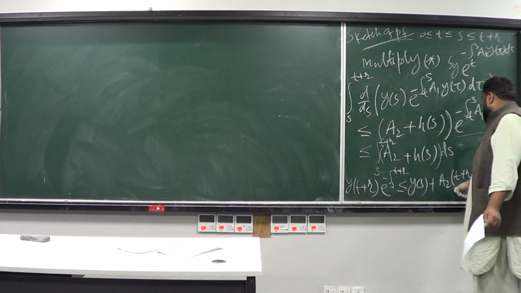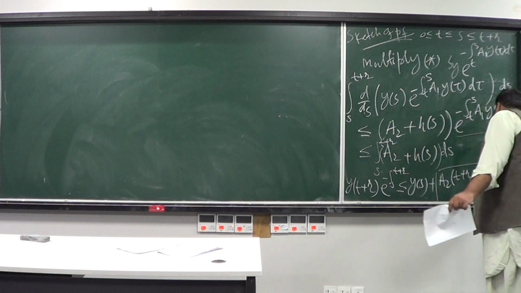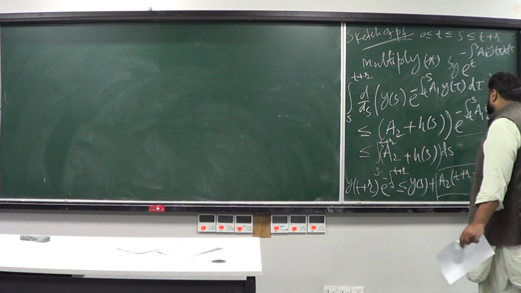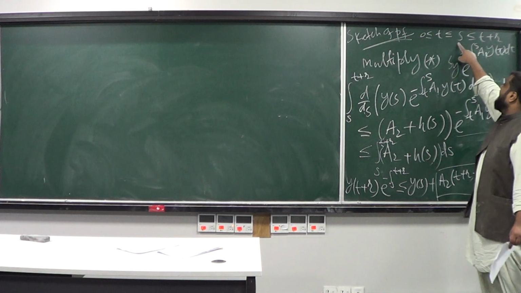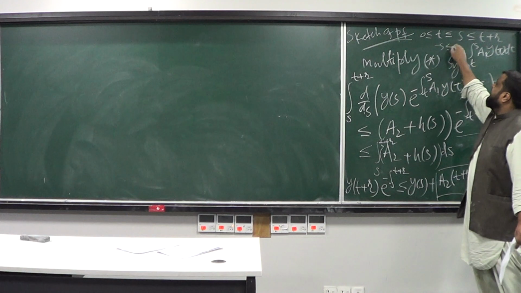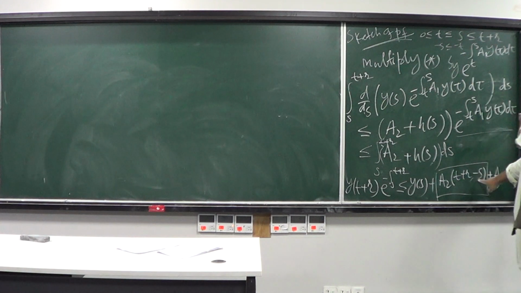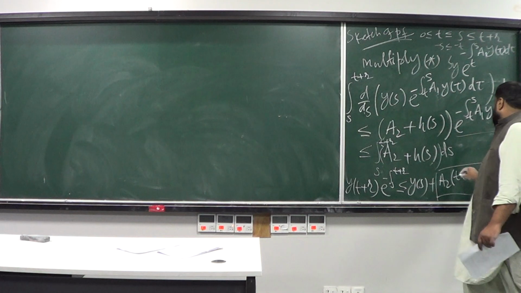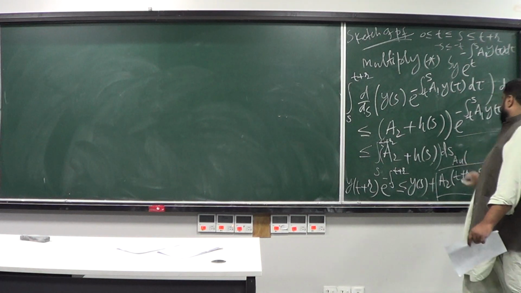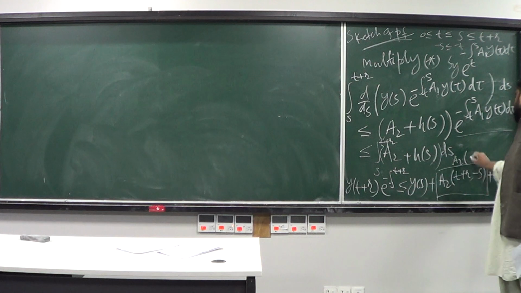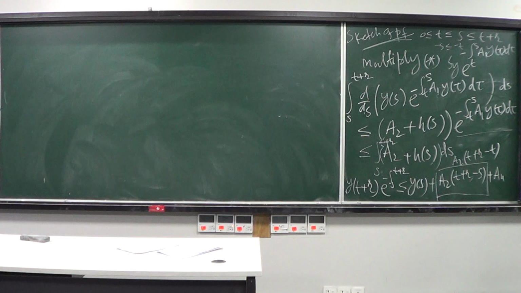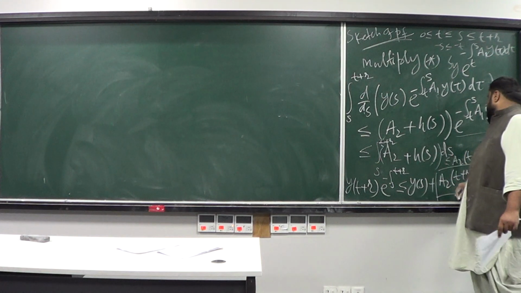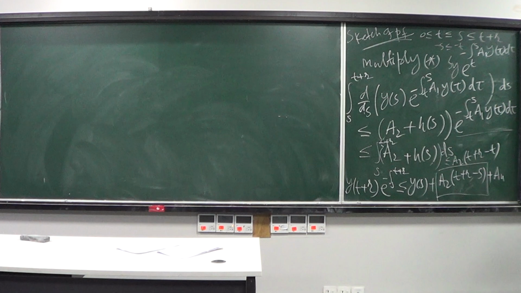So even in this part I can go a step ahead and say that since t is less than or equal to s, negative s is going to be less than or equal to negative t. So I can estimate this negative s by negative t, and this is going to make this a2 times t plus r minus t actually. So this factor is less than or equal to this factor, and now you can get rid of the t.